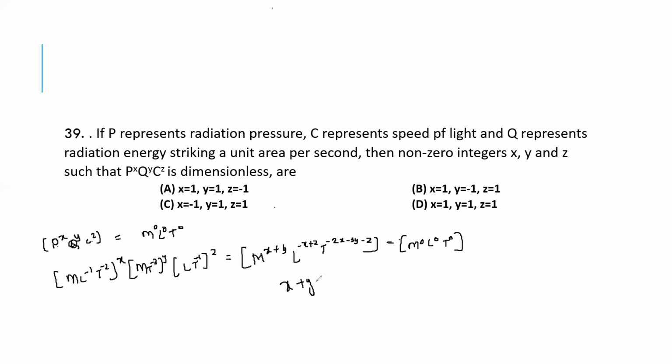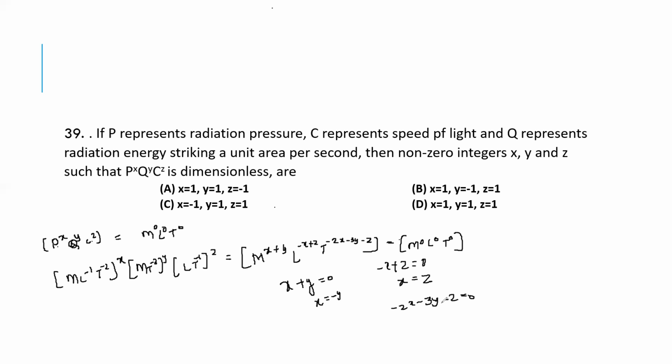It becomes x plus y is equal to 0, therefore x is equal to minus y. Next, minus x plus z is equal to 0, therefore x is equal to z. Then next, minus 2x minus 3y minus z is equal to 0.